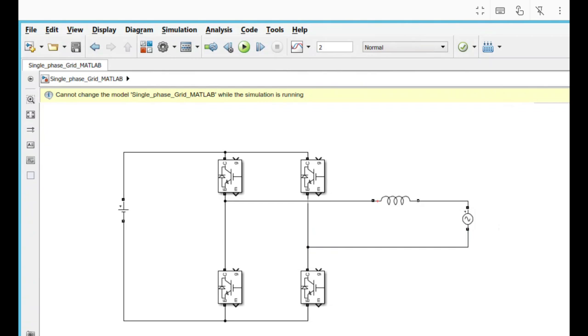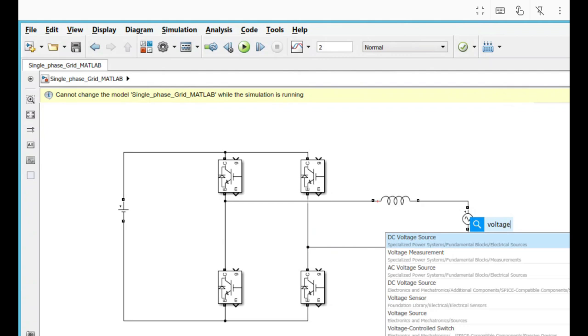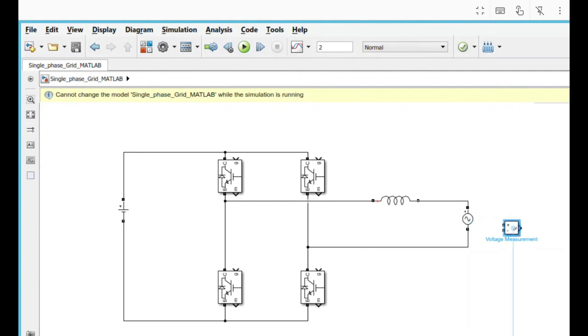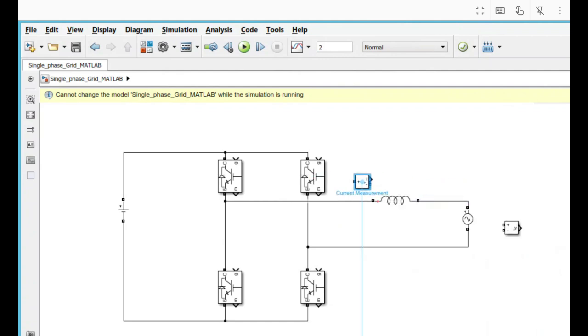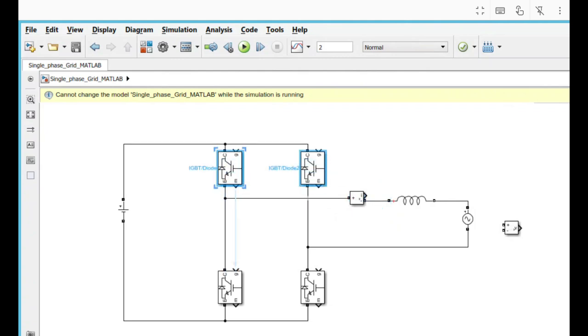So to configure them, we need a voltage measurement block and a current measurement block. The current measurement block will always be connected in series, as you can see here, and the voltage measurement block will always be connected in parallel with the source.